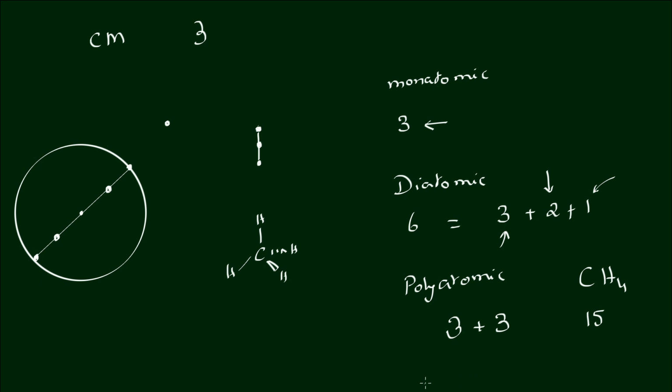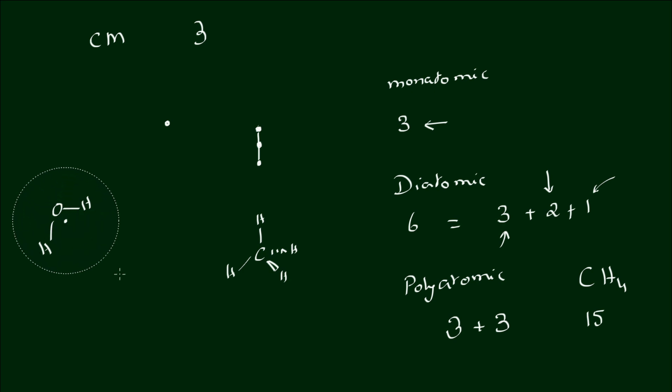Why do I need 3 rotational degrees of freedom? So let's take a water molecule, for example. The center of mass is out here. As before, I am going to draw a sphere centered at the center of mass. Now, as far as the orientation of this water molecule is concerned, one way to do it is I may pick the line from the center of mass through the oxygen atom, and where it falls on the surface of the sphere, that gives me a certain orientation of the molecule.